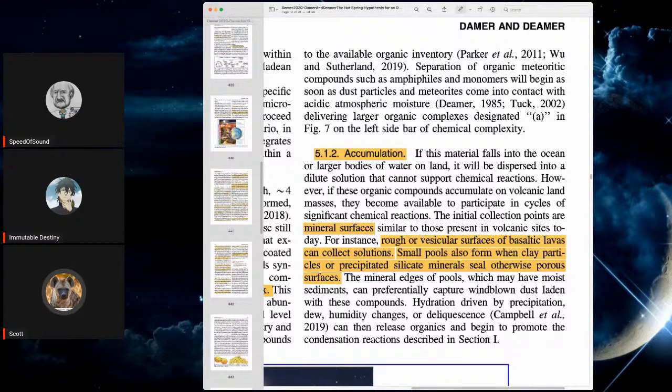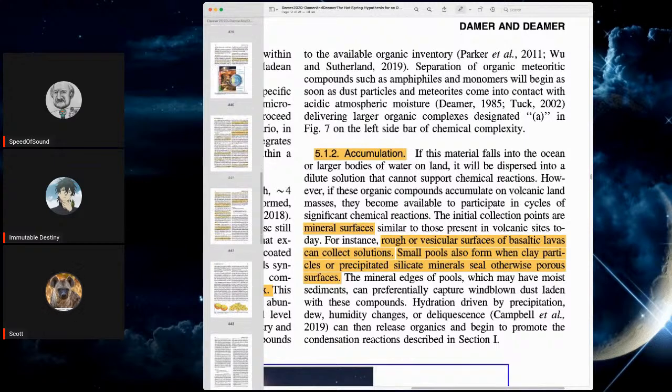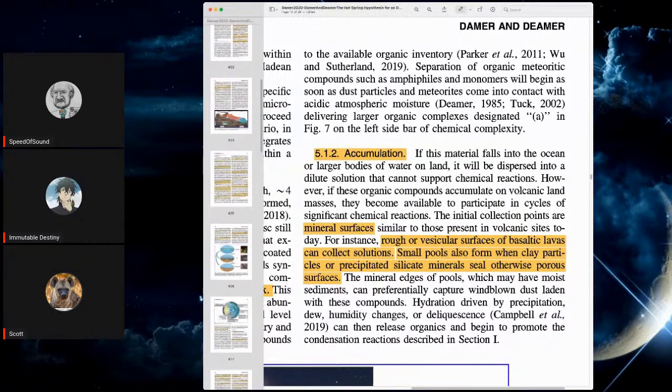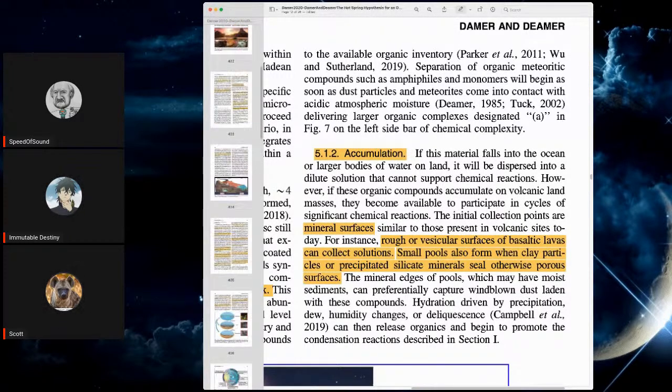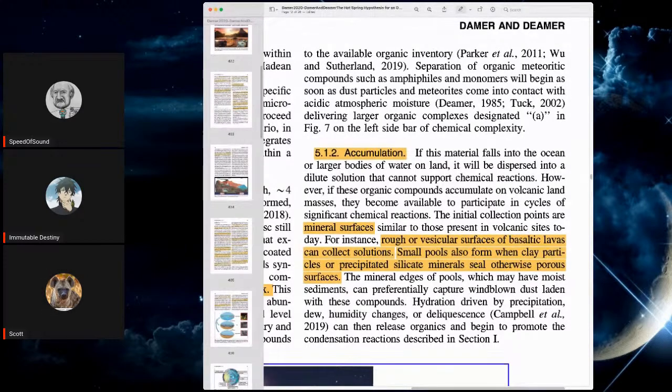Small pools also form when clay particles or precipitated silicate materials seal otherwise porous surfaces. The mineral edges of pools, which may have moist sediments, can preferentially capture windblown dust laden with these compounds. Hydration driven by precipitation, dew, humidity changes, or deliquescence can then release organics and begin to promote the condensation reactions described in section 1.